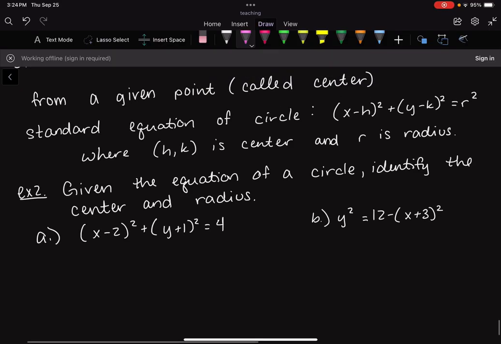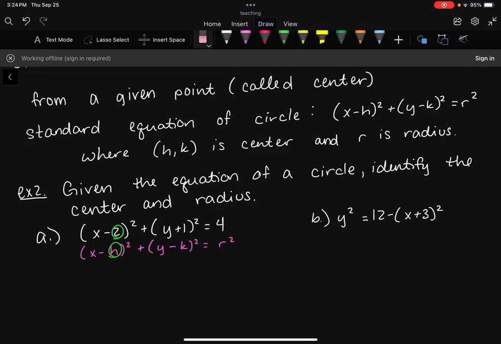Be careful whenever you have a plus in those parentheses. What's really happening there, so make sure you compare it to the formula. So we're saying, okay, we have (x - h)^2 + (y - k)^2 = r^2. So I'm comparing my formula right now. The 2 is the h, right, because the minuses match up.